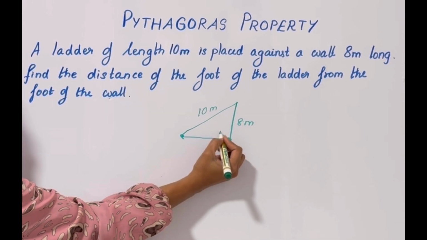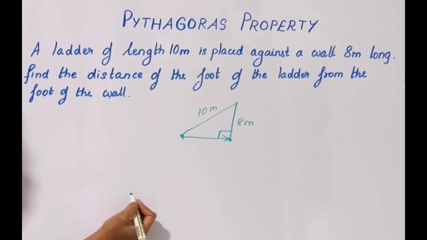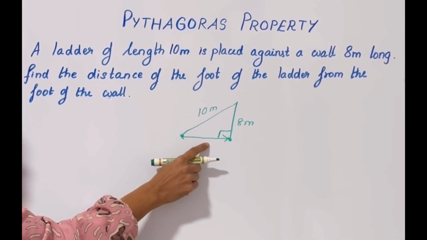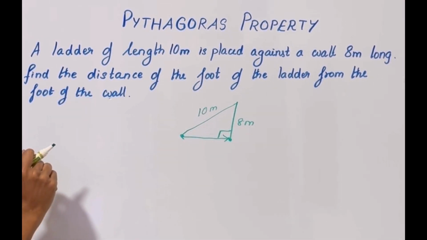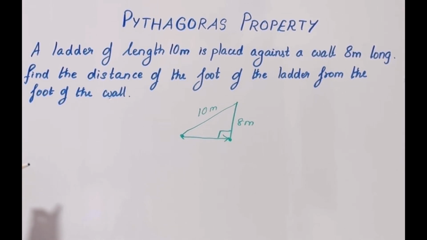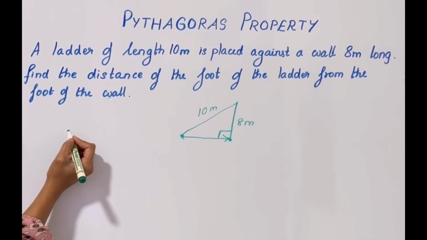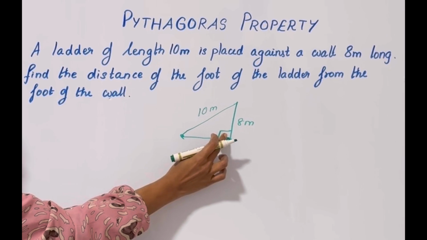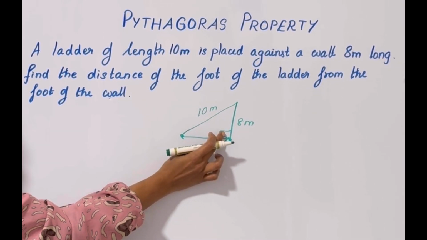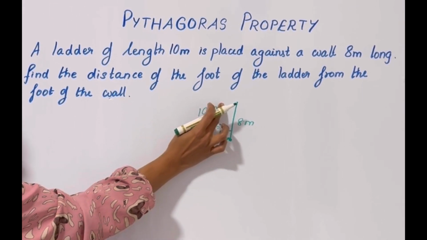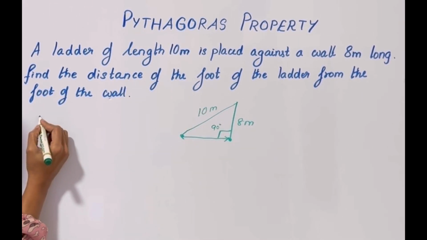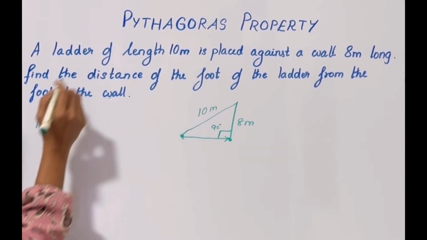So here, this is a right triangle. In this right triangle, if any one side is missing, we can find it out by Pythagoras property. So what's Pythagoras property? The hypotenuse is the side which is opposite to 90 degree, and that side is 10 meter long, which is the length of the ladder here.